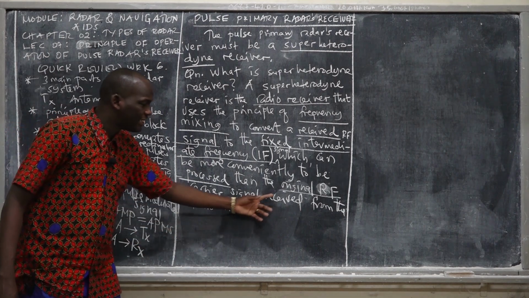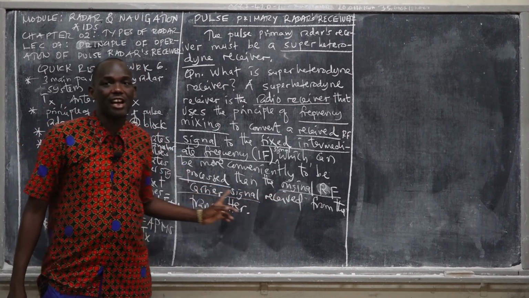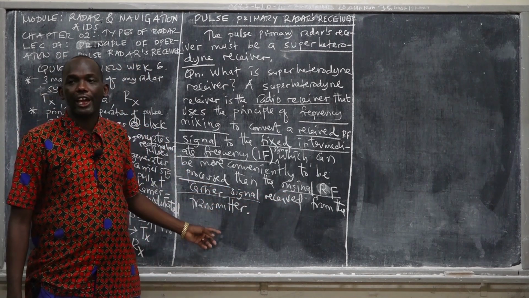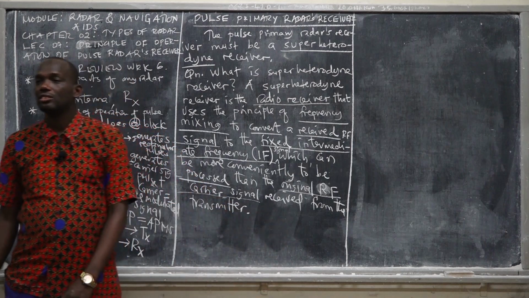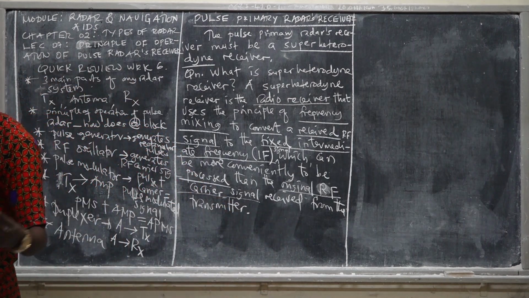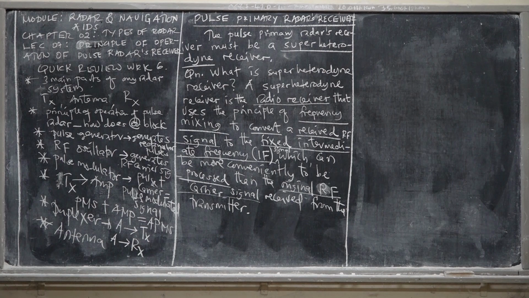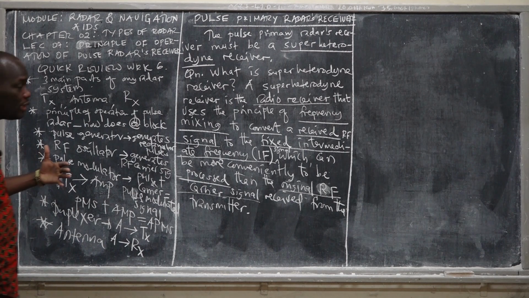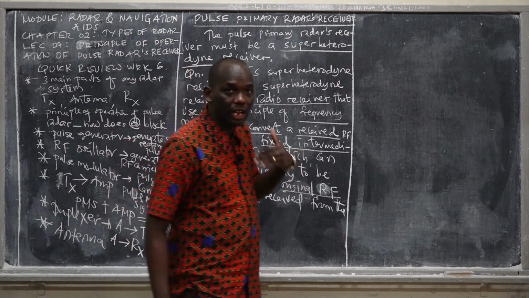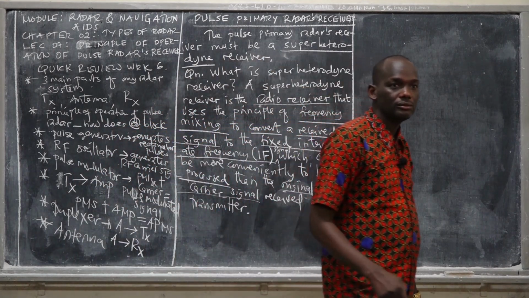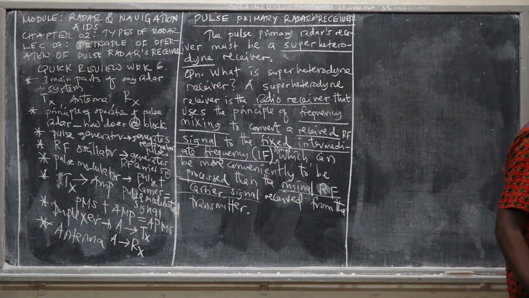And when the receiver receives this signal, where does it come from? It comes from the transmitter, because the transmitter unit is the source. A target is just reflecting what has been propagated by the radar transmitter. Class, are we together?